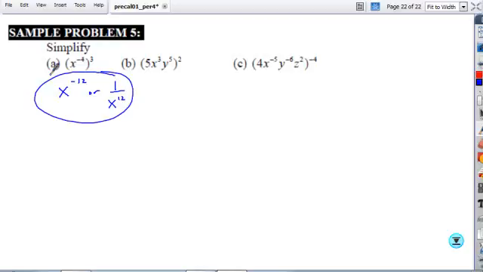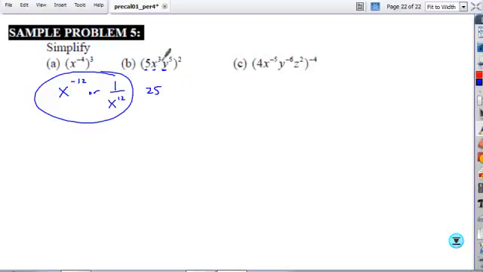In the second example, you have a product. This product has multiple factors, so that power of 2 is going to apply to every single base factor in that product. So it applies to the 5, the x, and the y. So when you apply that power, the base of 5 gets squared, giving you a 25.